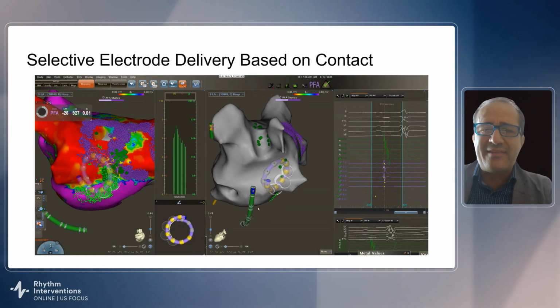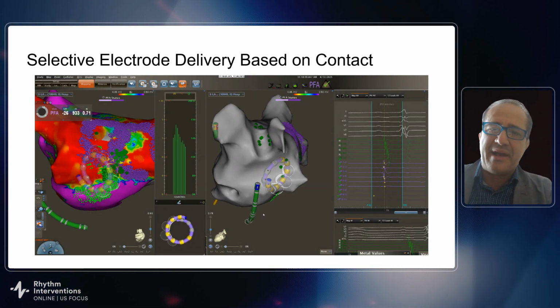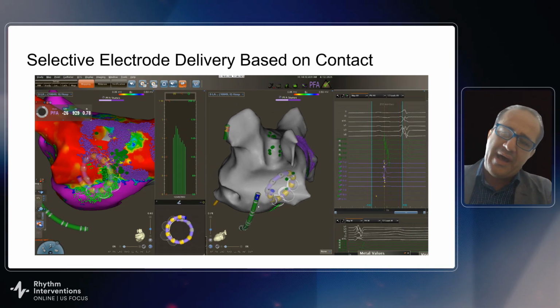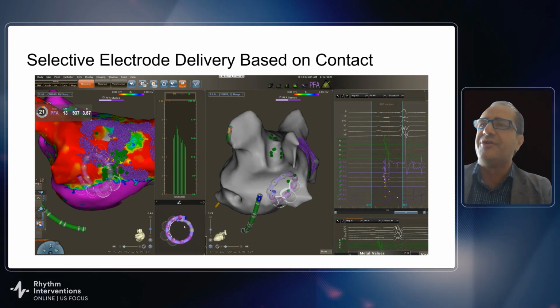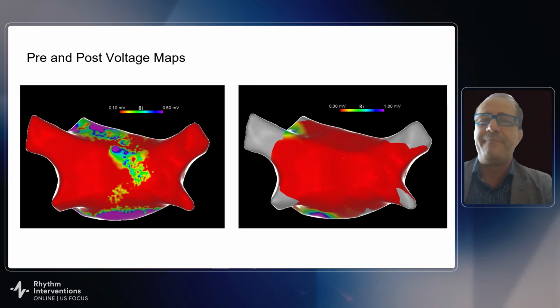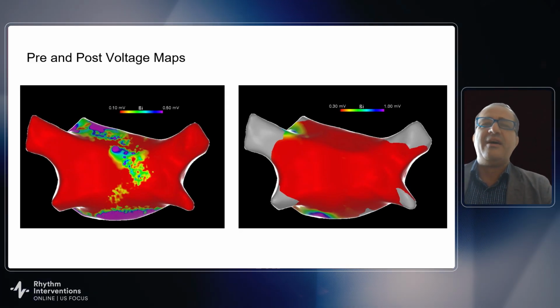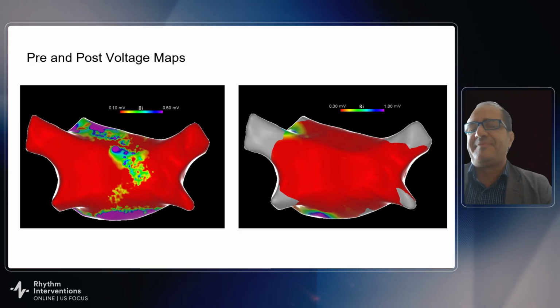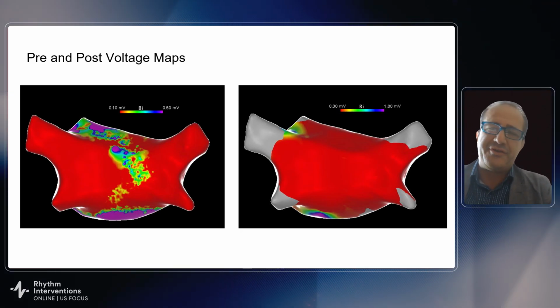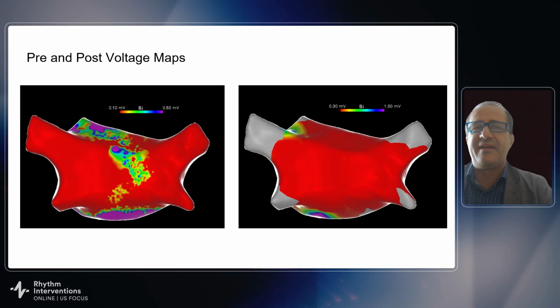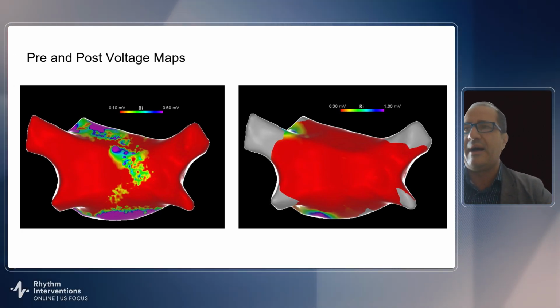So we deselect. When you deselect the area, the electrodes become gray, and all the yellow ones are the ones that are going to deliver a lesion in this area. This is the pre and post voltage maps proving now full isolation of the channel that had reconnected despite 3 ablations.